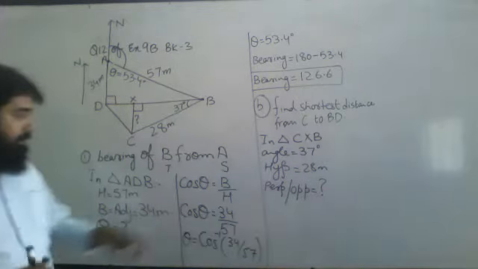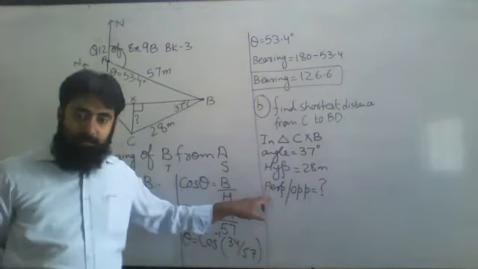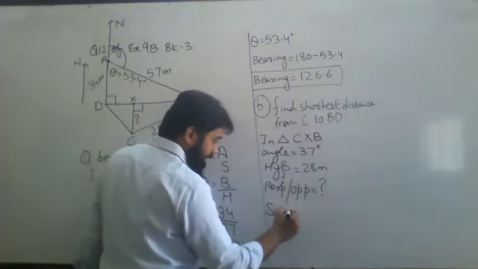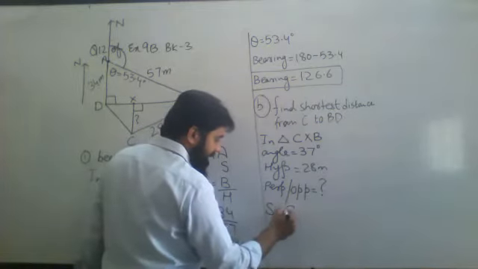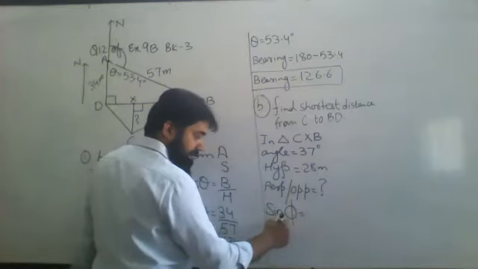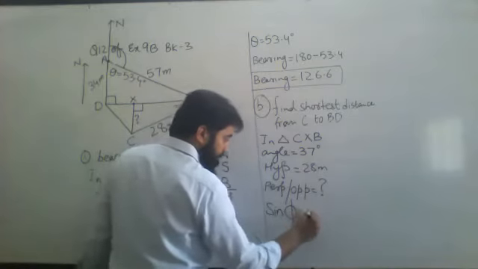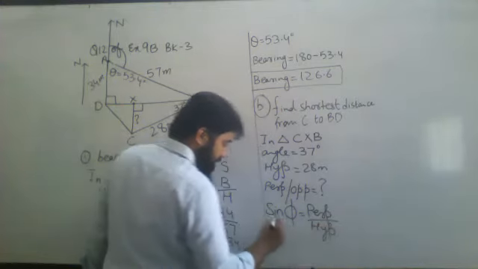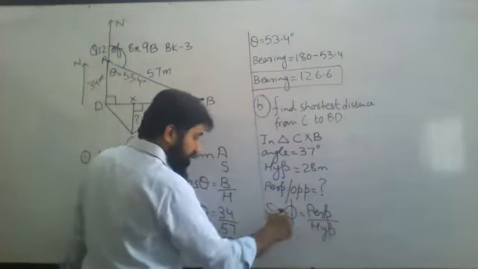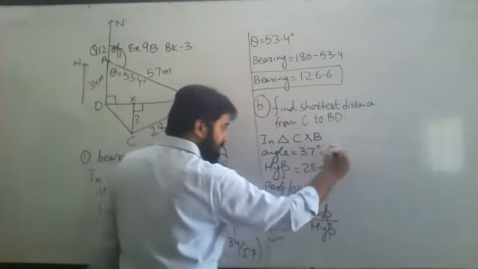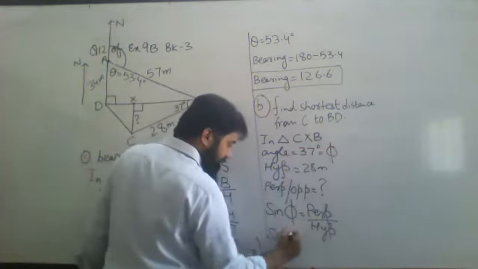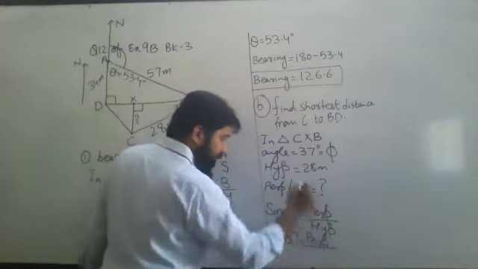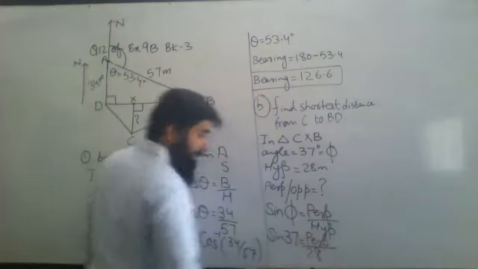So the hypotenuse and perpendicular are related in sine. You can write any other symbol for the angle. Sine phi equals perpendicular upon hypotenuse. Sine of phi means I am talking about this angle, that is 37. Perpendicular is missing, and the hypotenuse is 28.